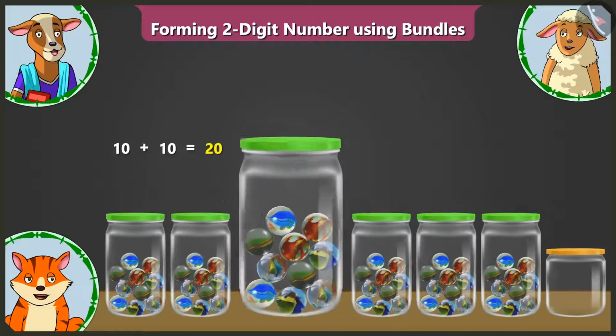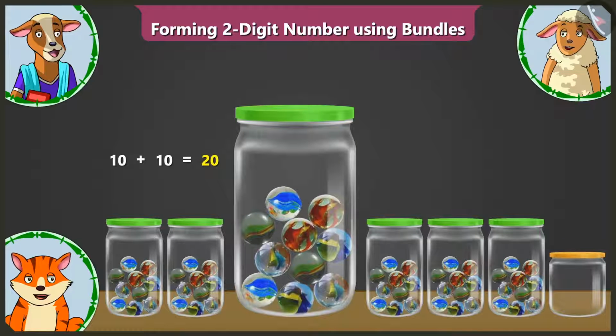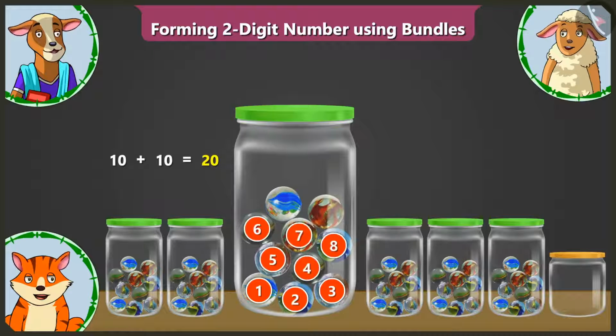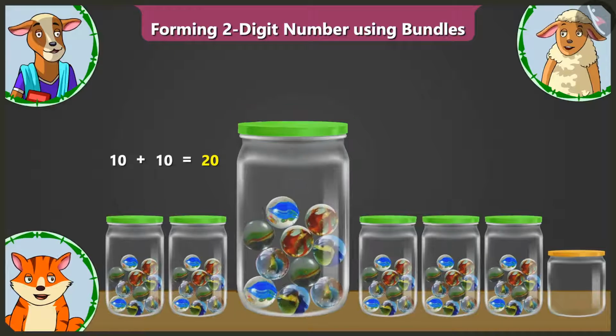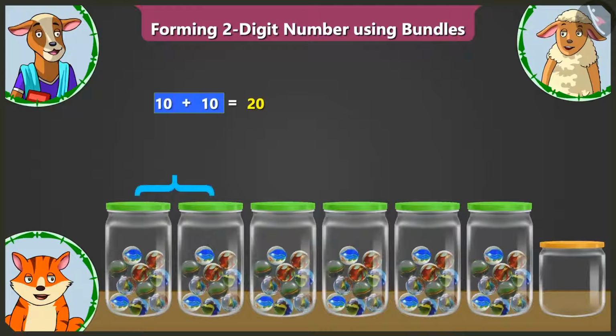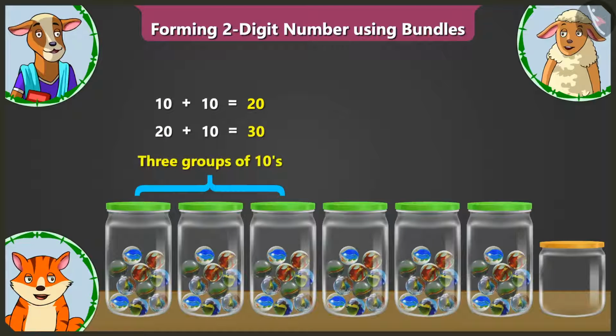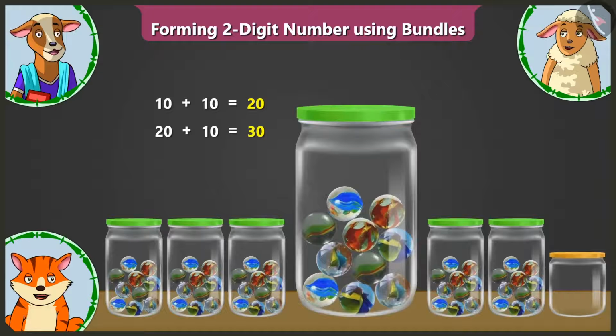Now look, here in the third jar, there are 1, 2, 3, 4, 5, 6, 7, 8, 9 and 10 marbles. So, this makes it 10 and 10, 20, 20 and 10, 30. Three groups of tens.